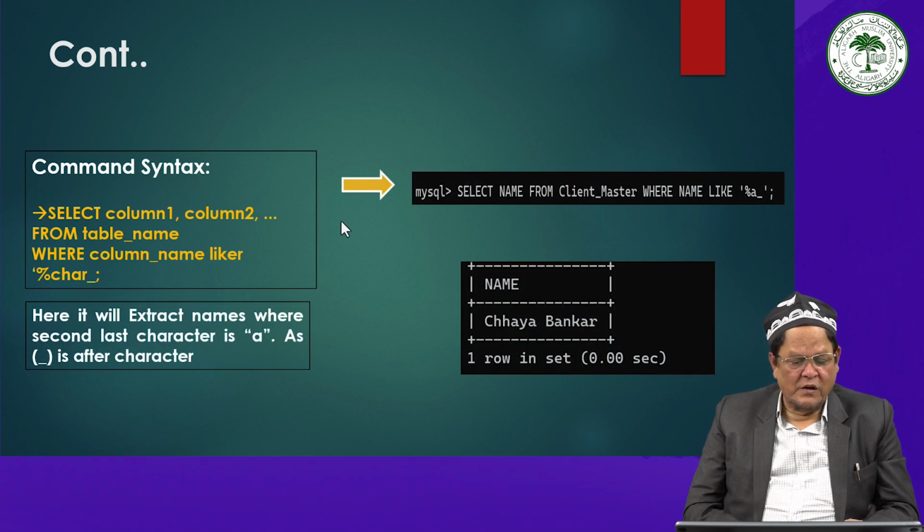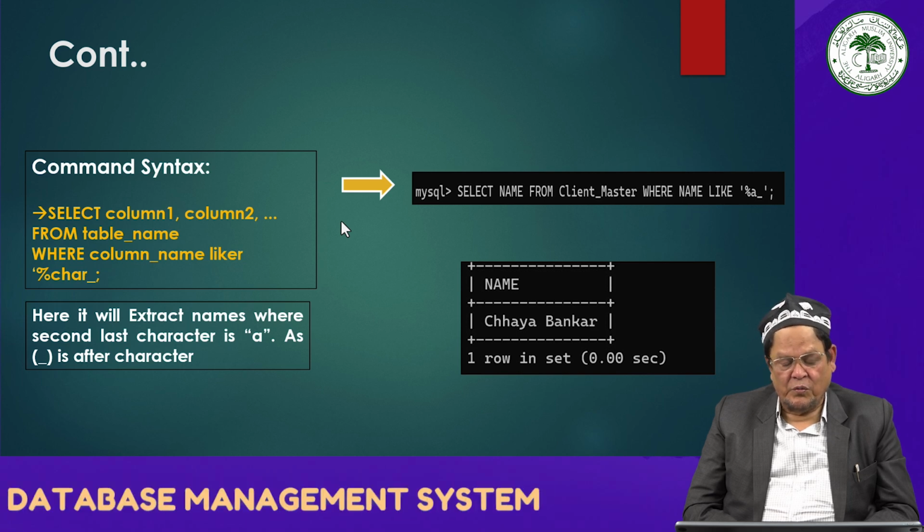What will be the effect? It will extract the names where the second last character is A, which means the last character position has one character after A in the name.